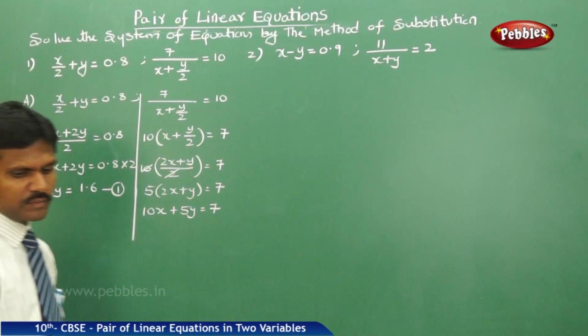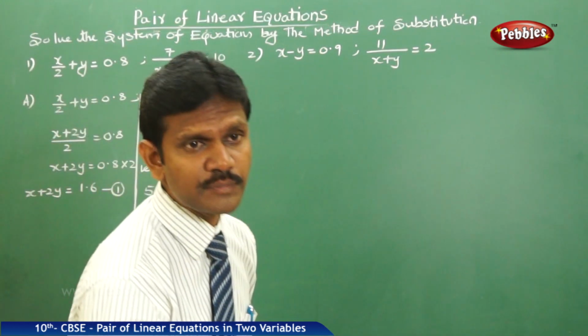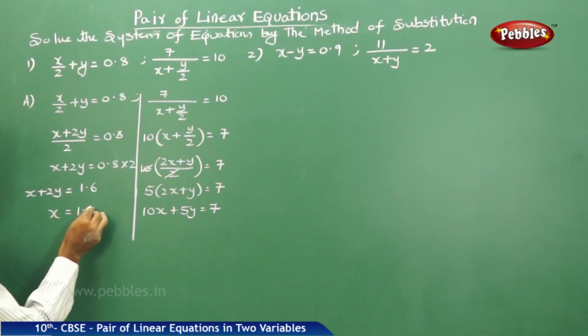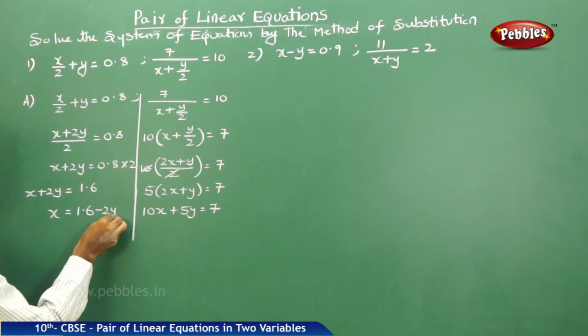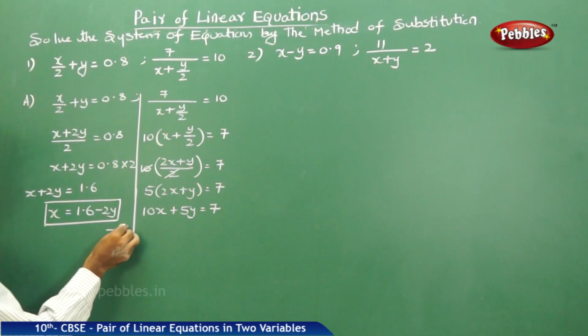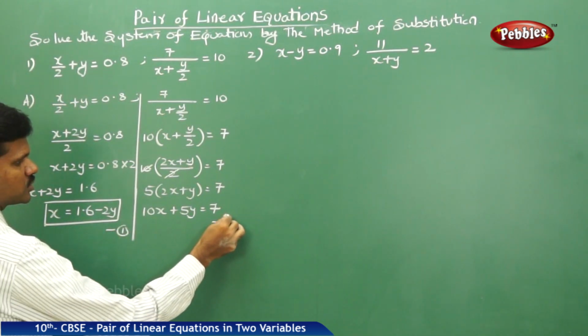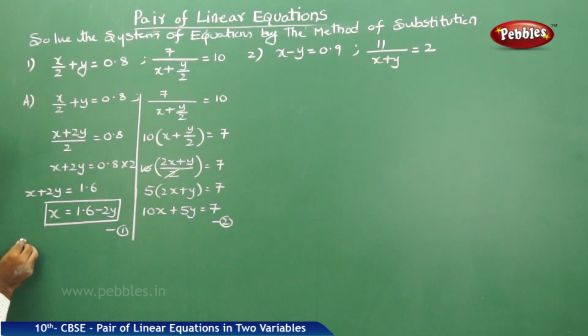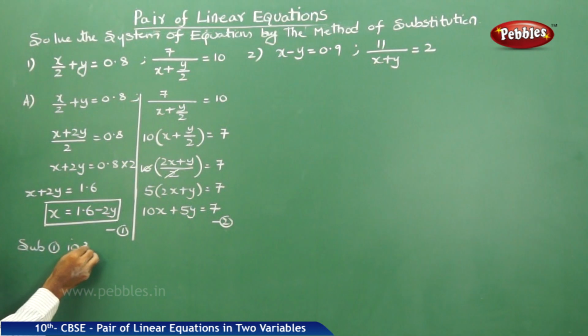Now, from this one, it is followed by the substitution method. Convert x as the subject. x is equal to 1.6 minus 2y. This is equation 1. This is equation 2. Substitute equation 1 in equation 2.